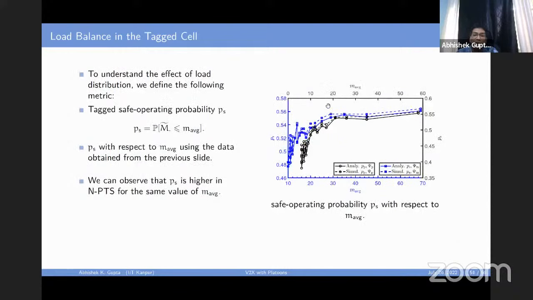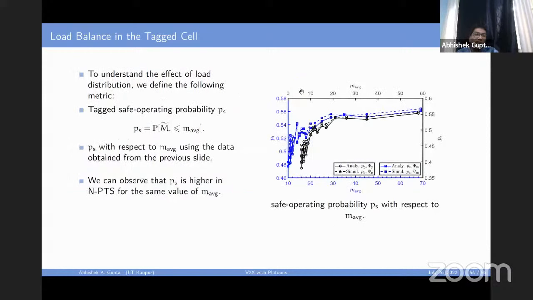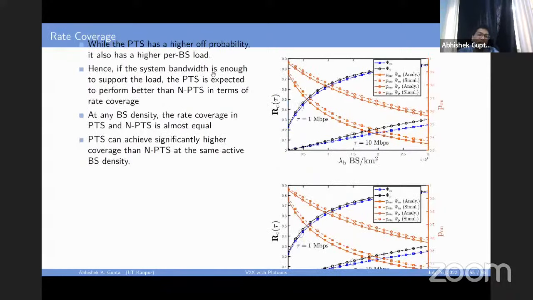Okay, we have also computed the average load and compared that. We found the average load in the platoon traffic is more, and then we also compared the safe operating probability again, which also showed that it is better in the non-platoon traffic. Right. Now let us come to this result. We saw that there are two things. The platoon traffic has a lower on probability, it is a higher off probability, right?